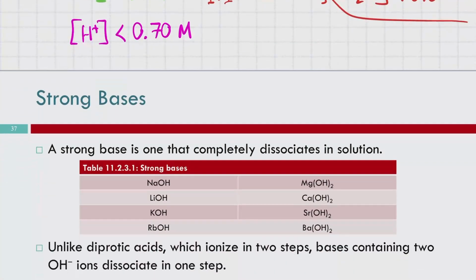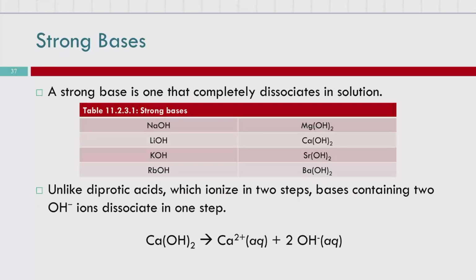There's also bases. So strong bases completely dissociate in solution. And we've got some examples. Reading down the left column and then the right column after that, we've got sodium hydroxide, lithium hydroxide, potassium hydroxide, rubidium hydroxide, magnesium hydroxide, calcium hydroxide, strontium hydroxide, barium hydroxide.